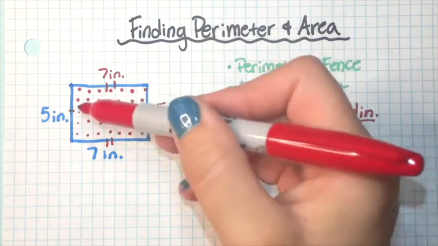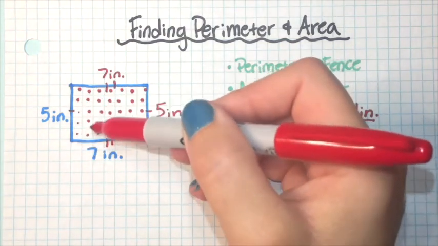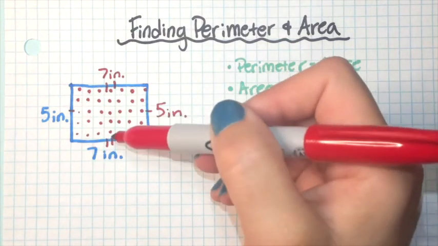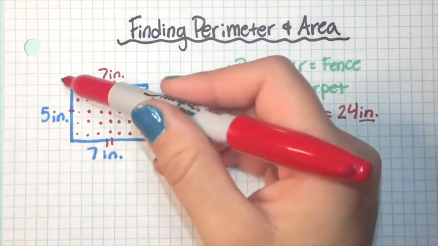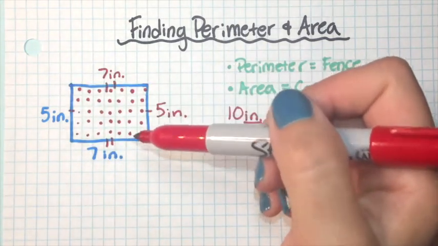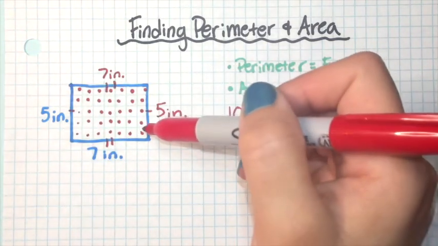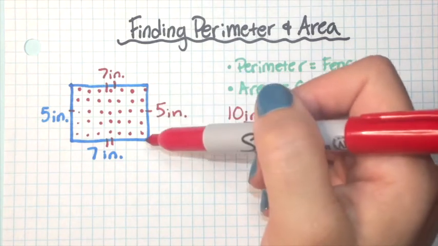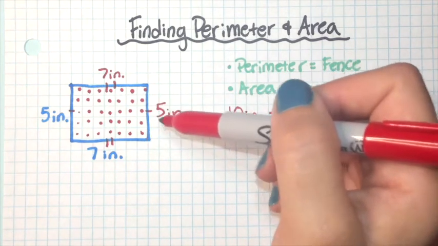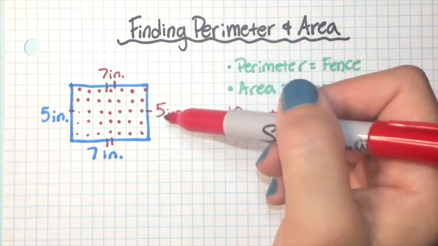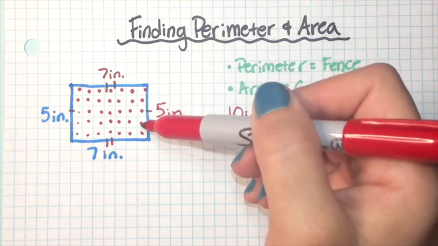One way is to count each one of the boxes individually within the object that you're trying to find the area of. This only works if the object has squares. In this example, each square is 1 inch. This side's 5 inches, 1, 2, 3, 4, 5.